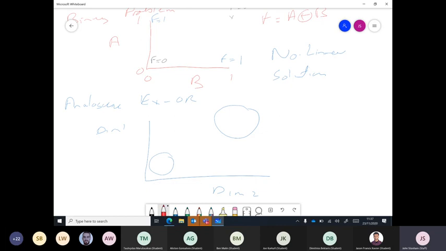And supposing I have another class which has a cluster there and a cluster there. And to give you an example of where this might occur, supposing we're trying to do character recognition, this could be a cluster of capital A's. This could be a cluster of lowercase a's. This could be a cluster of capital B's. And this could be a cluster of lowercase b's. So where a class has two distinct subsets, we could get an exclusive OR arrangement.